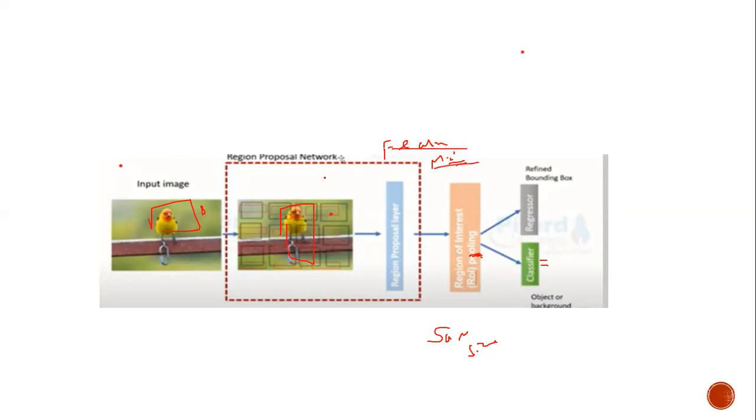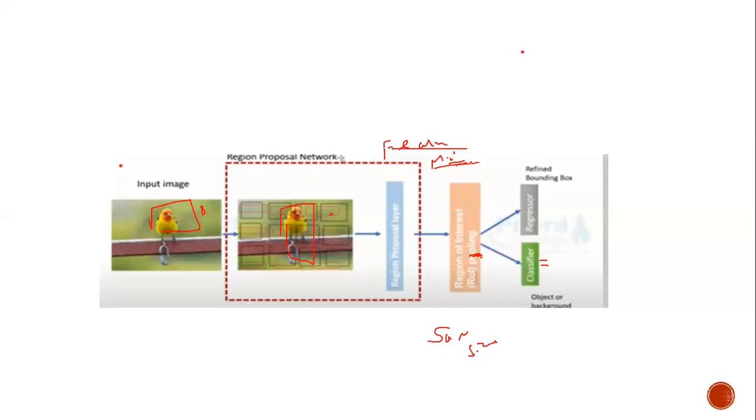So once the RPN process is over, the RPN takes the help of anchor boxes, we check the IOU, and after that whatever we have is converted into a feature map. The next stage is region of interest, that is ROI pooling.